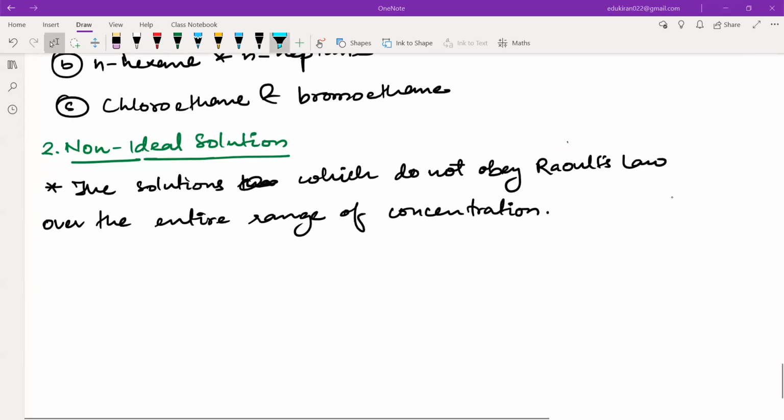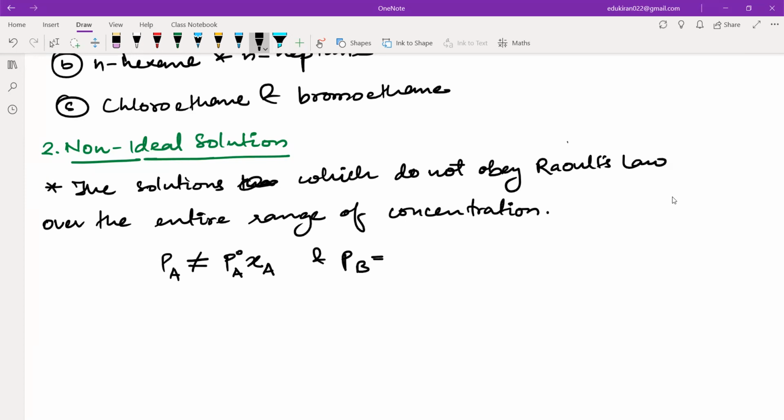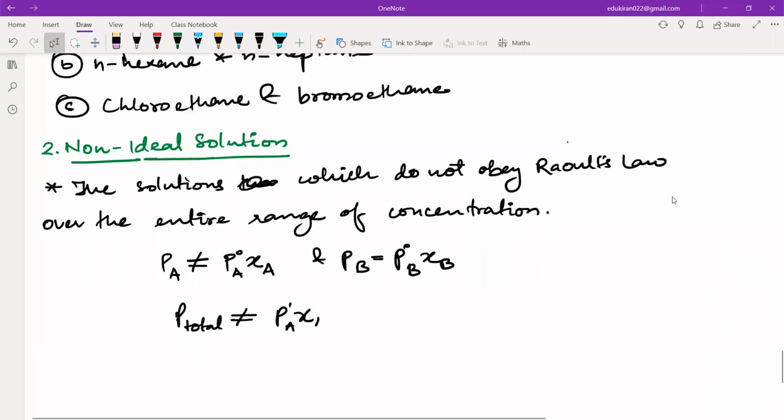It means that the partial pressure of A which we are expecting will not be equal to the product of pure vapor pressure of A into the mole fraction of A, and the partial pressure of B in the solution will not be equal to P naught B into chi B. And that is why the P total will not be equal to P naught A chi A plus P naught B chi B. And this is why we are getting a non-ideal solution.